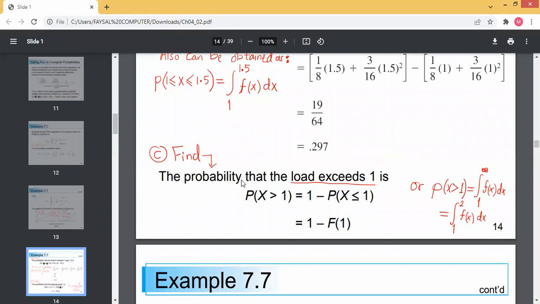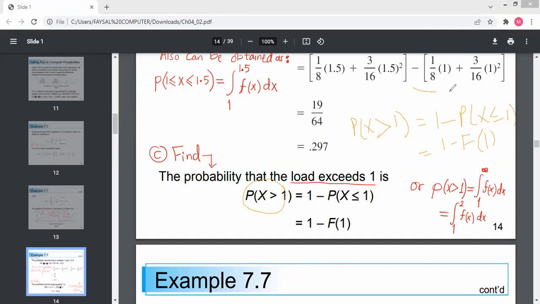Now find the probability that the load exceeds 1. How to find it? It will be 1 minus the probability that x is less than or equal to 1, which means 1 minus f of 1.